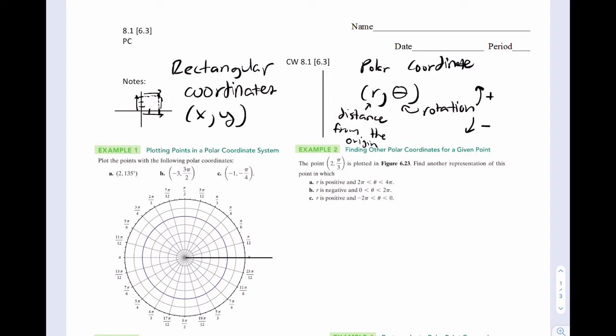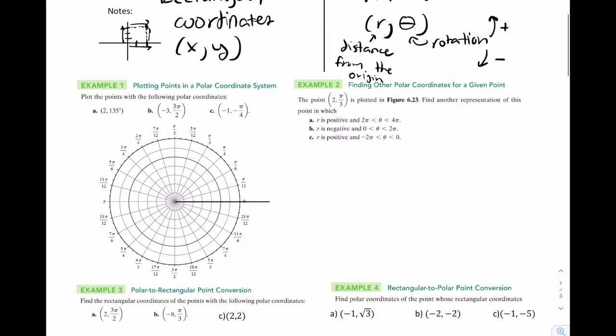So if I want to try this first example, let's do A right here, (2, 135°). What we're going to do is imagine you're standing right here at the origin. Really focus on this 135, and that would be right here, 3 pi over 4, and then you walk 2 units out.